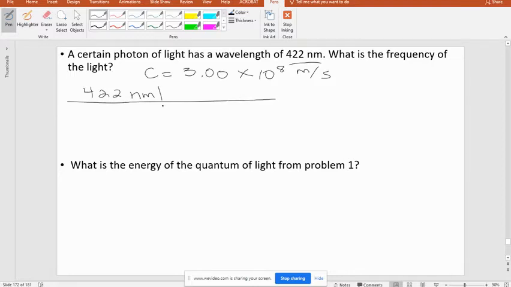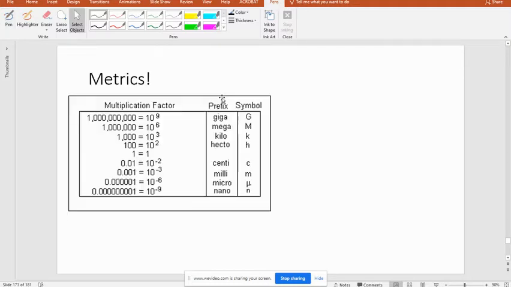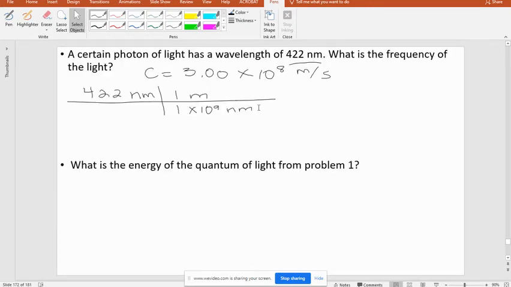And I know that if I had 1 times 10 to the 9th nanometers, I would have 1 meter. And I got that from the conversion factors here. This is just working it the opposite way. If I make this 1, I would have 1 times 10 to the 9th. So that's where I get that.